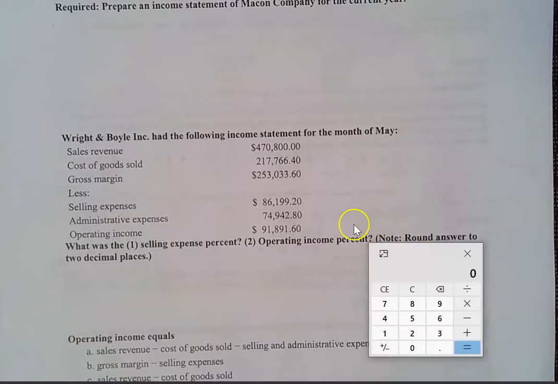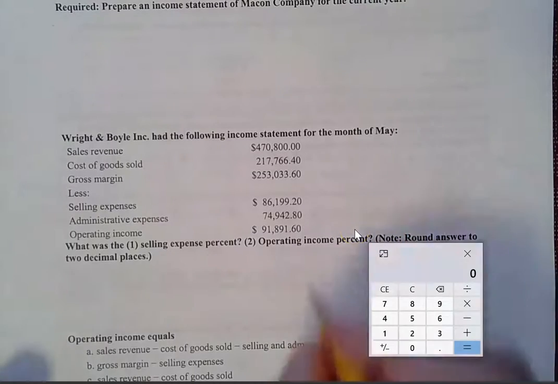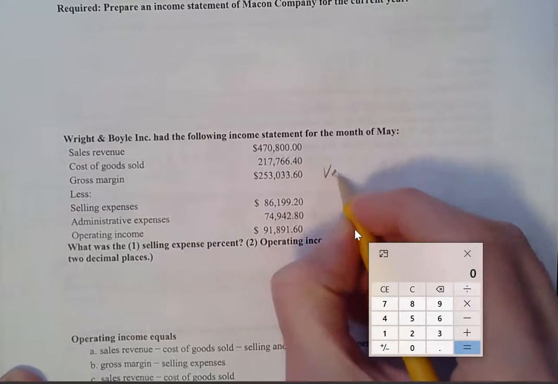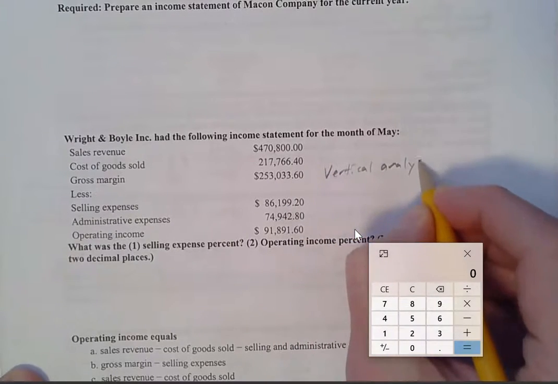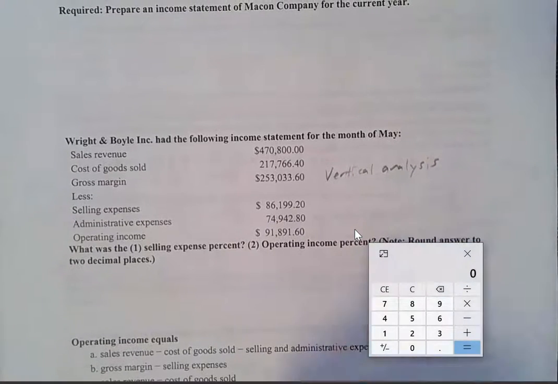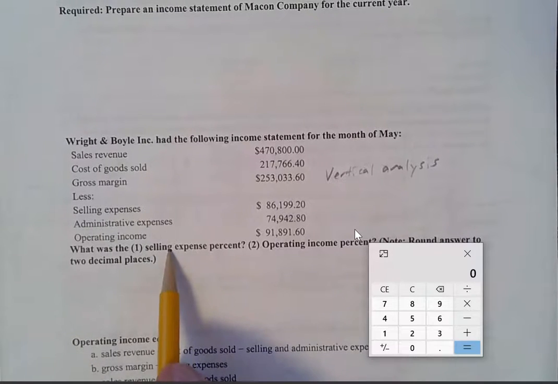What we're doing here is called vertical analysis, which, if you take accounting 1 with me, we actually study this in accounting 1, and it's very, very simple.